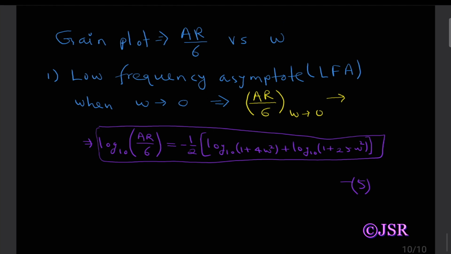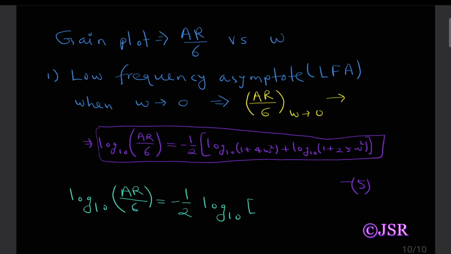So equation number 5 can be written as log 10 AR upon 6 equal to minus half log 10 A plus log 10 B. So we can write this as log 10 A into B. So here we will multiply both the expressions.